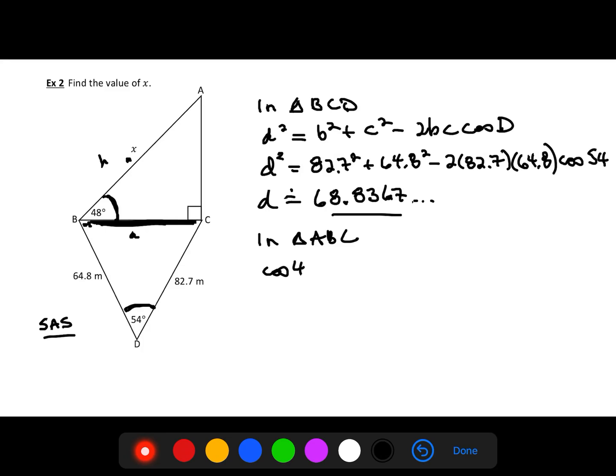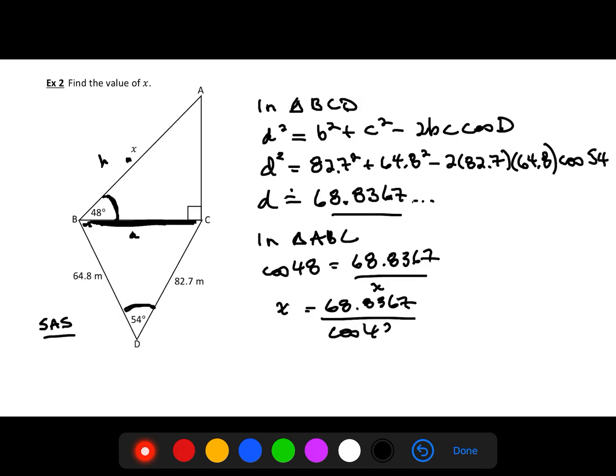So now that we know side A in triangle ABC, we're going to use our cosine ratio because we know from angle 48 we have our adjacent and hypotenuse. So we know that cosine of 48 degrees is going to be equal to 68.8367 divided by x. We're going to take x to the other side where it becomes multiplying, and we're going to divide by cos 48.